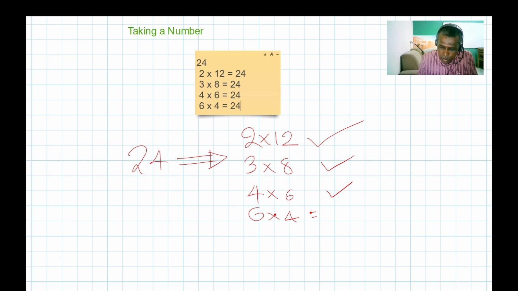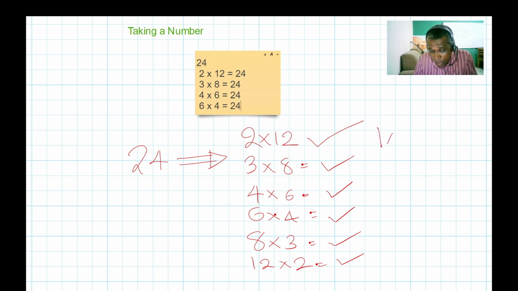As well as 8 times 3, and 12 times 2. As well as it is also in the 1 table. 1 times 24 is also 24. 24 times 1 is also 24.